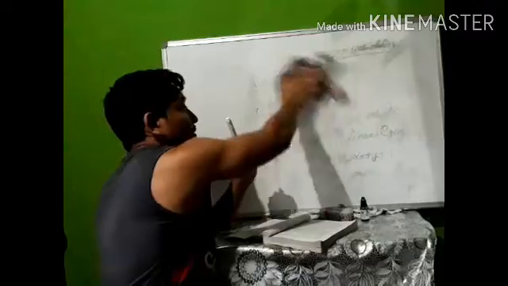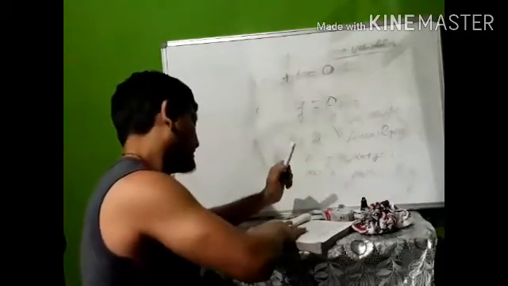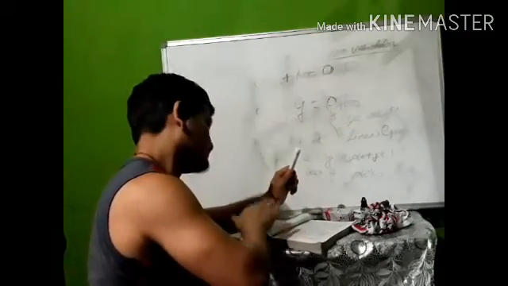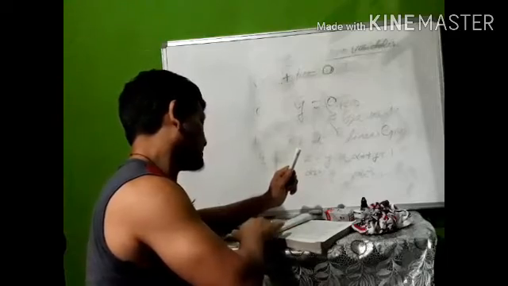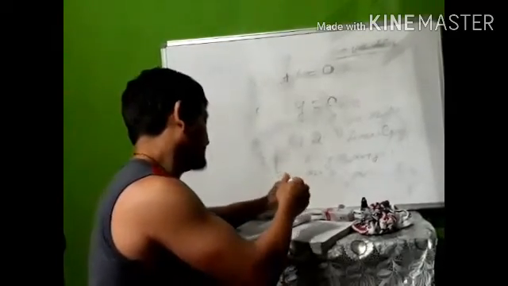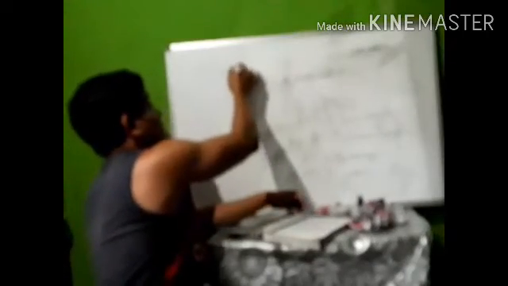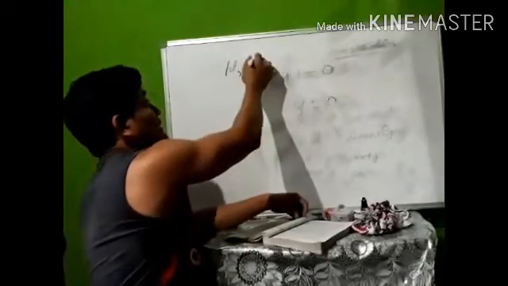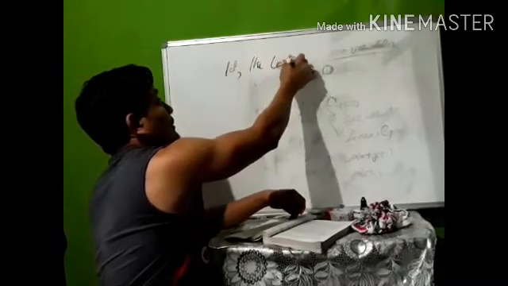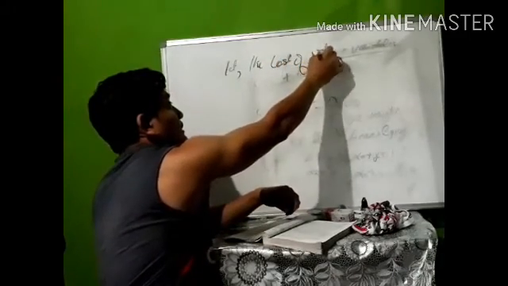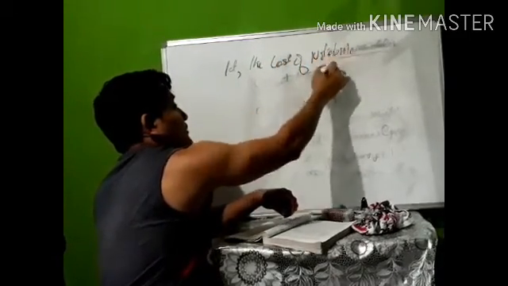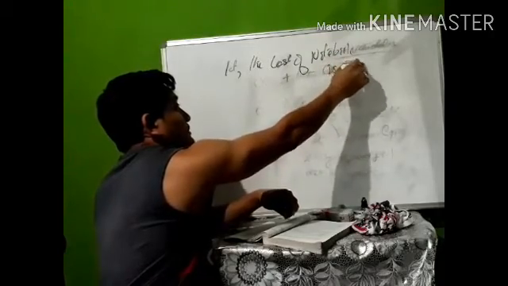In this case you don't have to solve the given equation. All you have to do is express the linear equation. So how will you make that linear equation? First, you just have to write: let the cost of a notebook be rupees x.